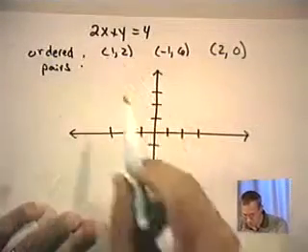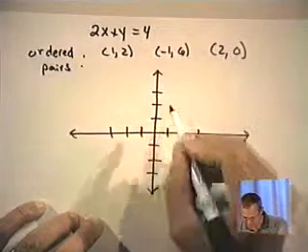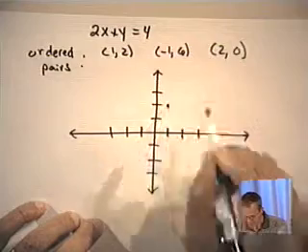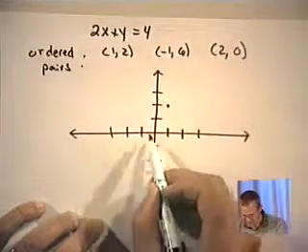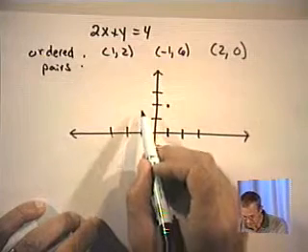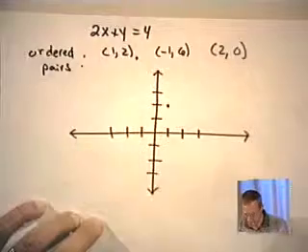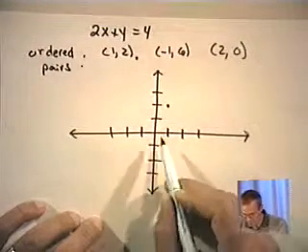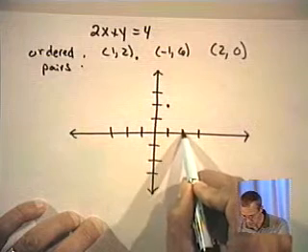Let's plot the point (1, 2). So that means over 1 in the x, up 2 in the y. Negative 1, 6. Well, that's over negative 1, up 6. 1, 2, 3, 4, 5, 6. I'm just guessing here. And the point (2, 0), over 2, up 0.